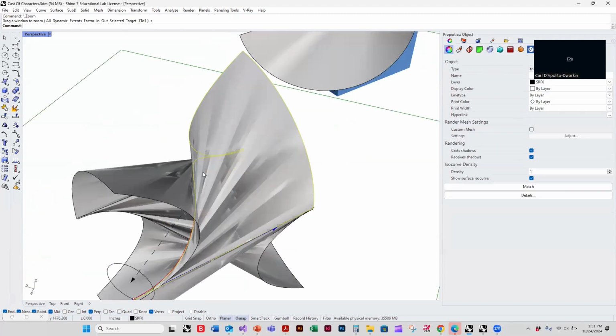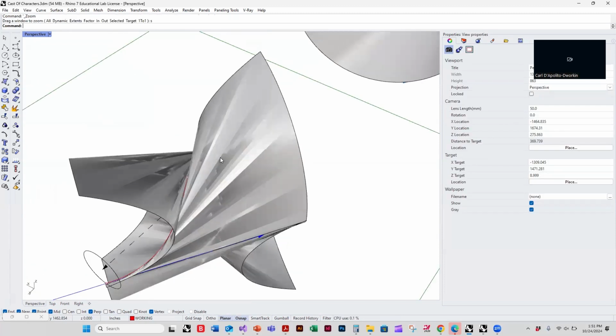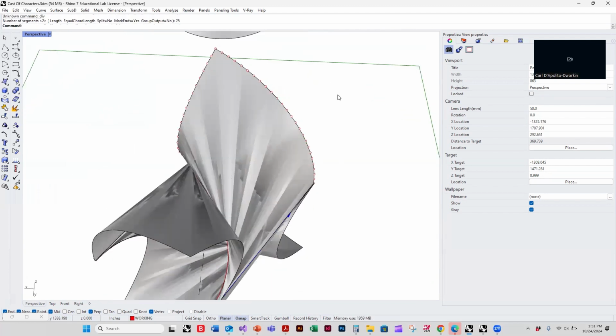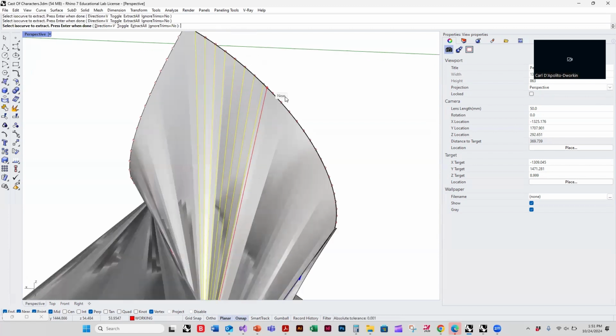When you want to build these things, Iman was talking about how difficult it is to unroll them. The way to do it is you have to make a bunch of points, and then you have to take the isocurves. You can see how screwed up the geometry is right now.